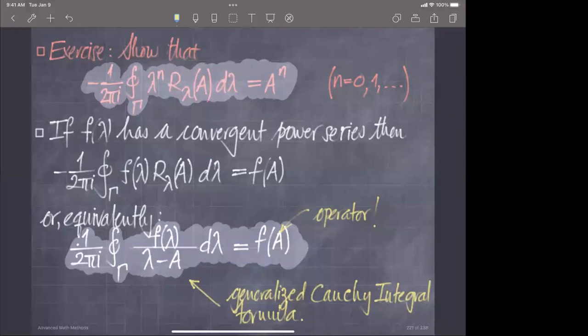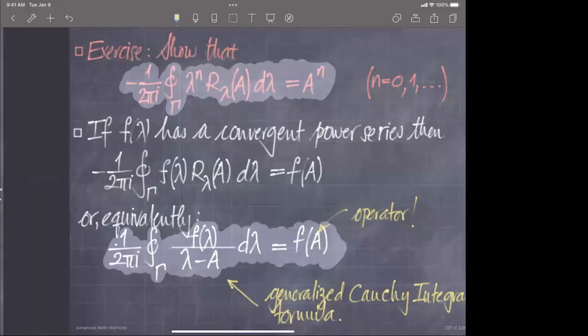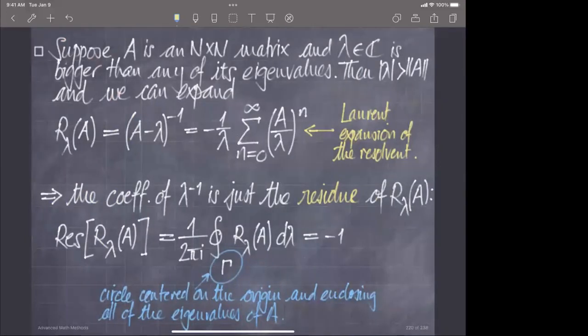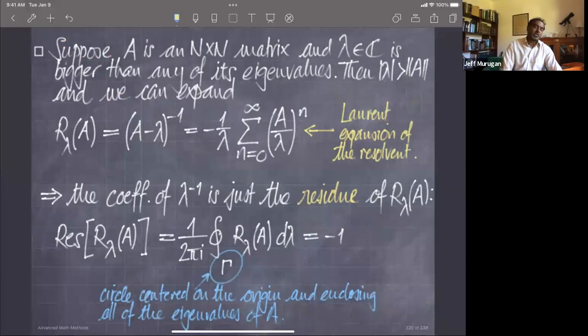Yes, I have a question. Go for it. On the previous slide, at the top, you make the statement that lambda, an element of the complex numbers, needs to be bigger than any of its eigenvalues, and then you say that the mod of lambda must be greater than the norm of A. Is that just a necessary condition that we need to have in order to write the Laurent expansion? Yeah, I need the Laurent expansion to converge to the resolvent.